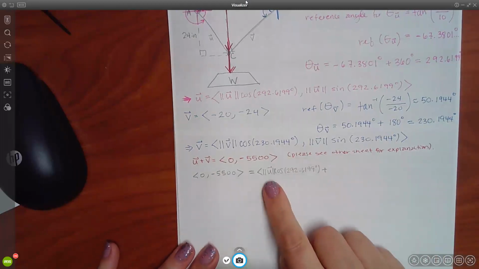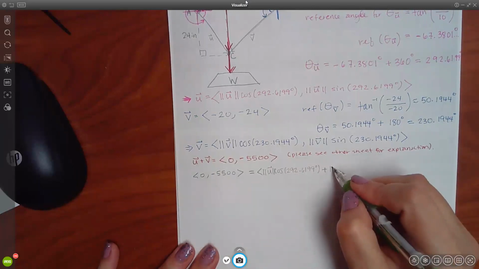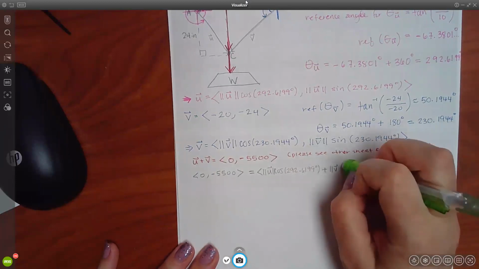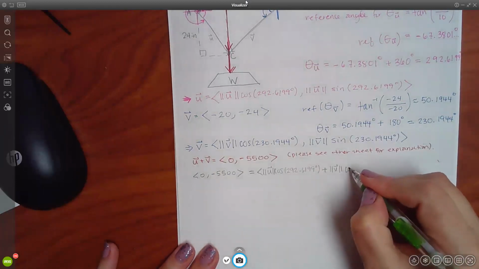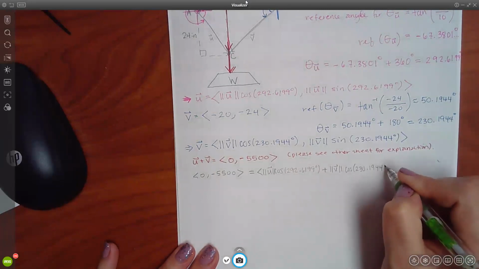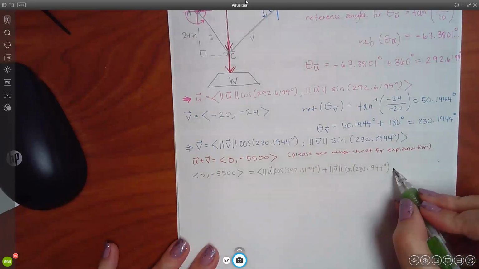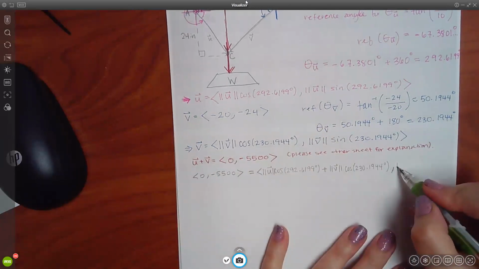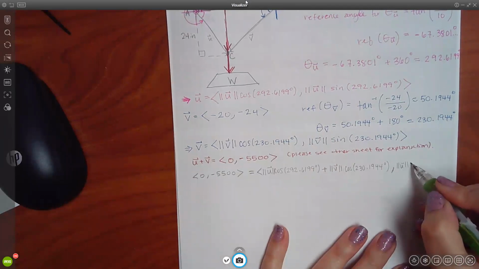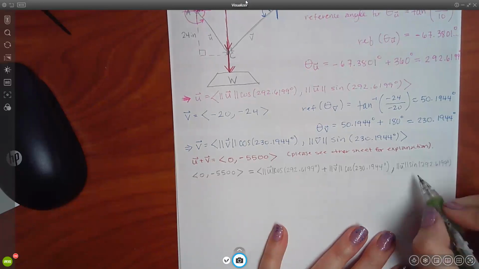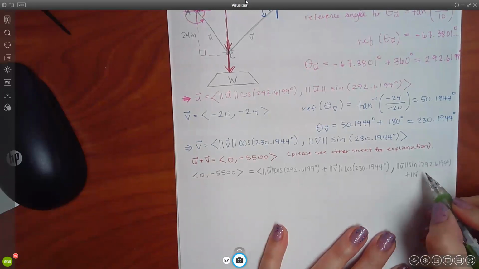So first component of the U vector plus the first component of the V vector. And then for the second component, I'm going to add the two second components together. So the second component up there in pink plus the second component in blue.